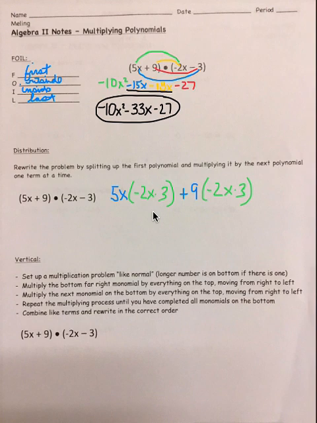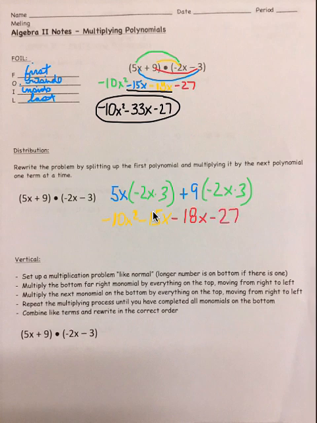So 5x times negative 2x is negative 10x squared. And 5x times negative 3 is negative 15x. And then when we do 9 times negative 2x, we get negative 18x. And 9 times negative 3 is negative 27.